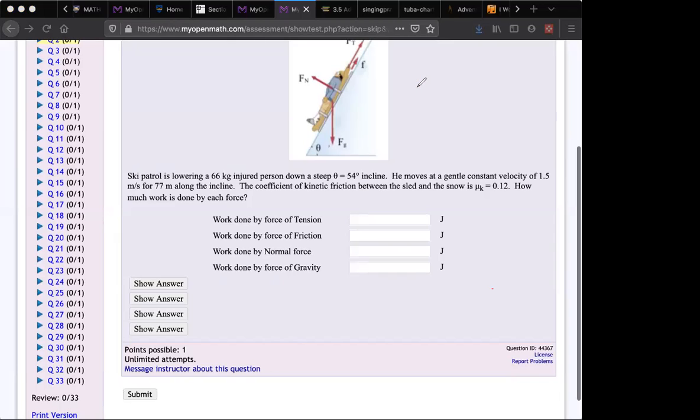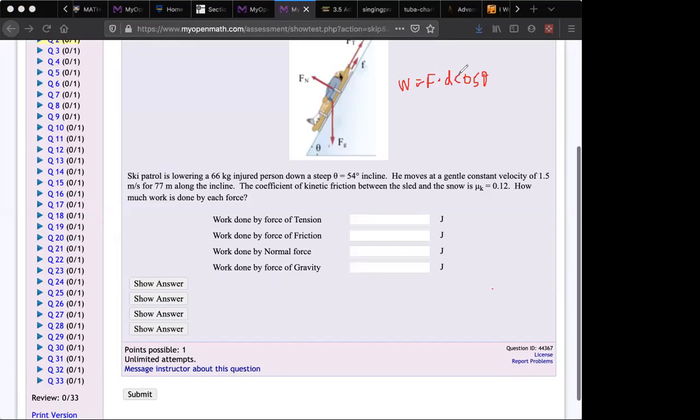So remember that work equals the force that's doing the work times the distance the object moves times the cosine of the angle between the force and distance vectors. Right? So it's important to define the force that's doing the work, the distance that it moves, and the angle between those two.